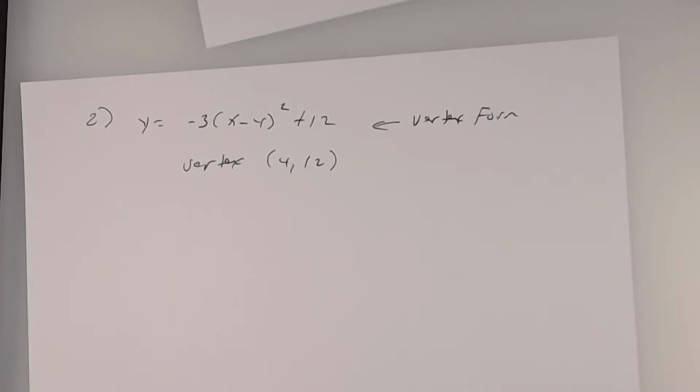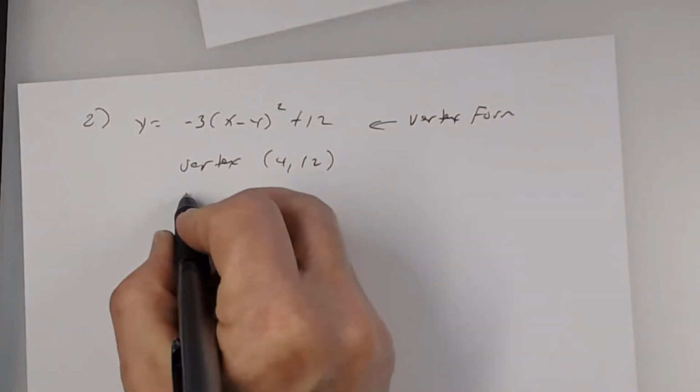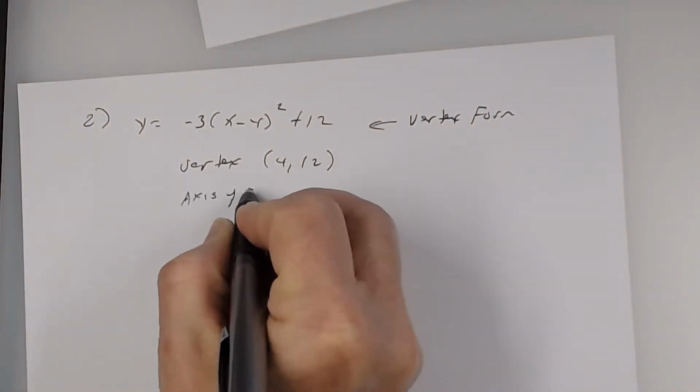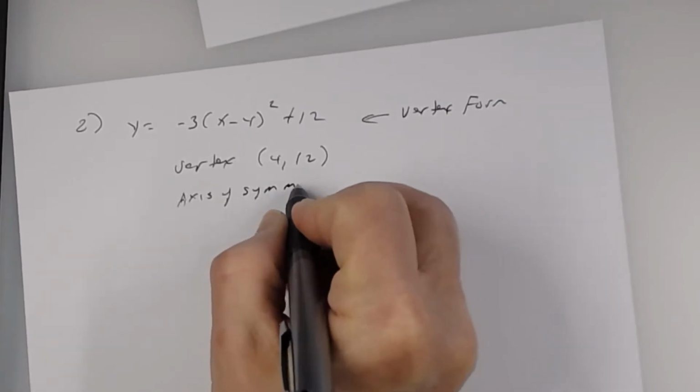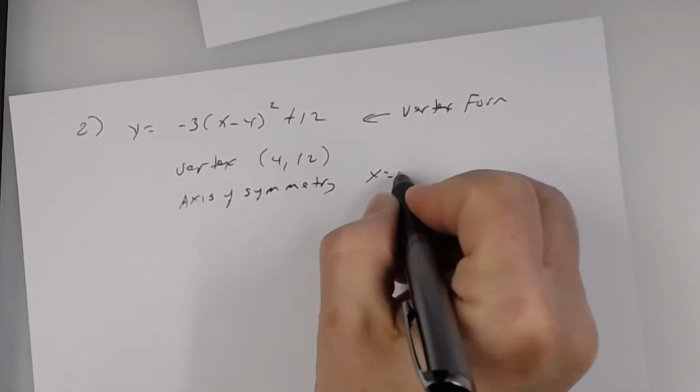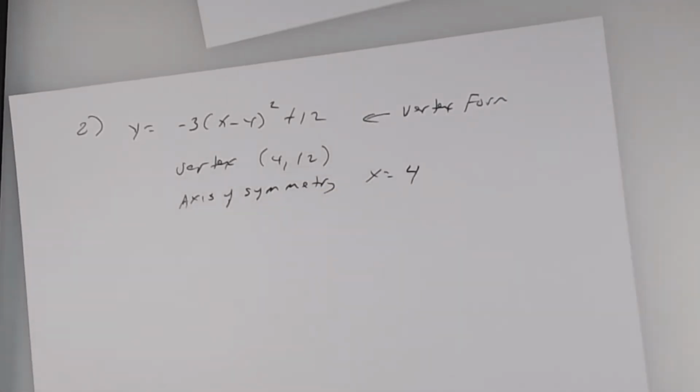All right, once you find the vertex, you now know your axis of symmetry. X equal what? 4. Very good. All right, x equal 4. Now I'm going to go ahead and use the larger grid paper for that one. All right, so x equal 4, right? Okay, so at this point, I'm going to go ahead and plot the vertex. Oh, by the way, is the parabola open up or down? Down.